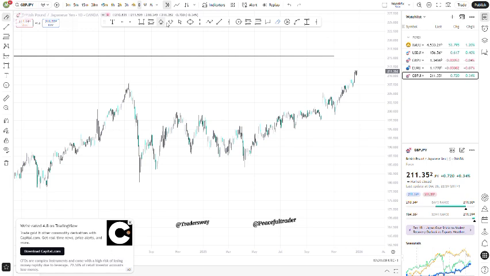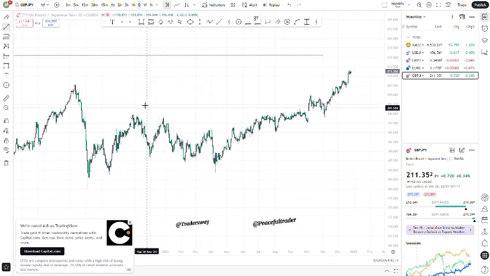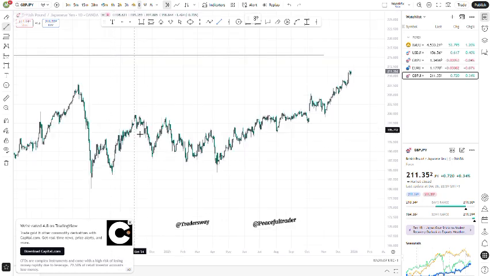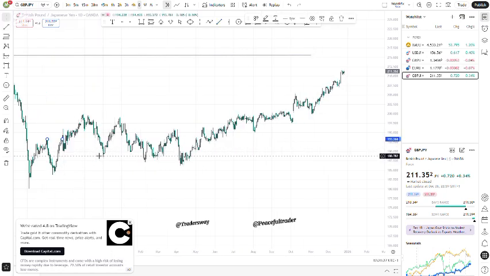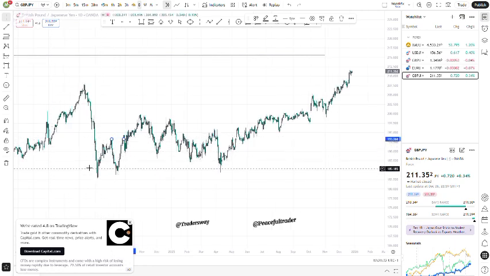In the daily time frame, you can see we have something here on the daily time frame. You can see that we have something here which is from here, let's say okay, from here was a change of character.